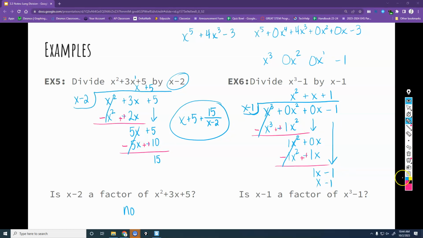Right? And then I subtract, which really is like I'm adding that second part. And this cancels. This also cancels. We just get a 0 right there. So I don't have a remainder for this one. So I would just get x squared plus x plus 1. So this is a factor. This would be a yes.